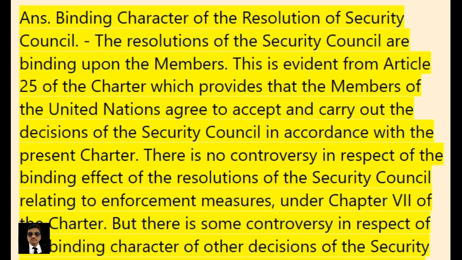But there is some controversy in respect of the binding character of other decisions of the Security Council, especially those made under the provisions of the Charter relating to international disputes and dangerous situations.